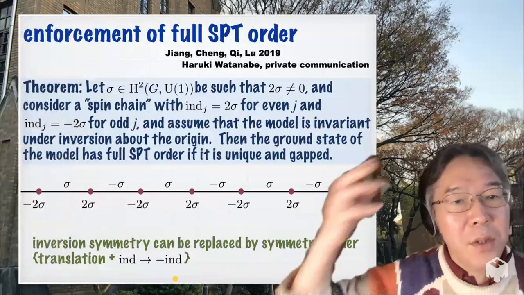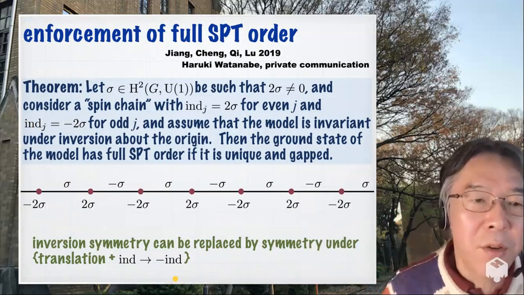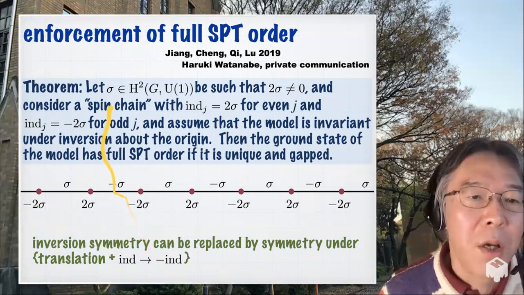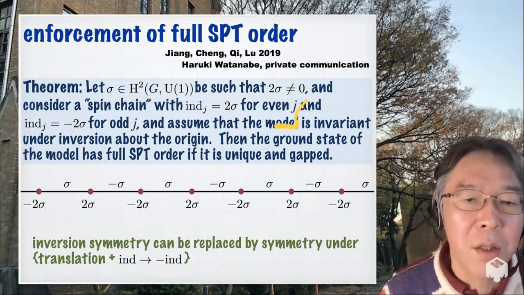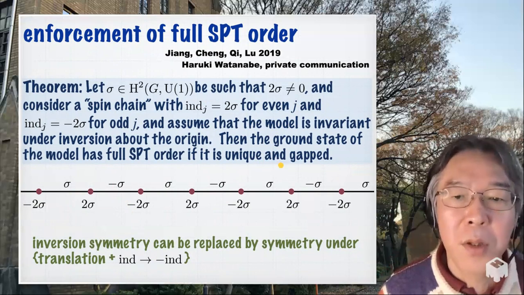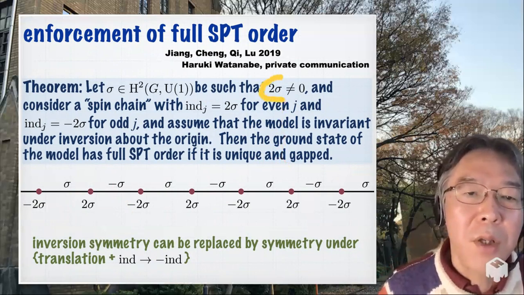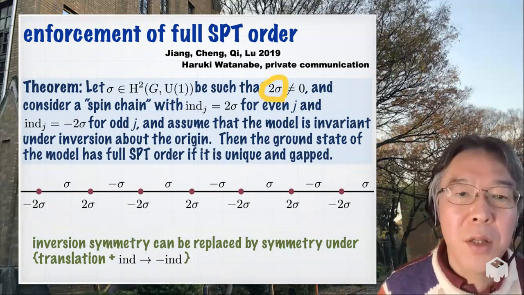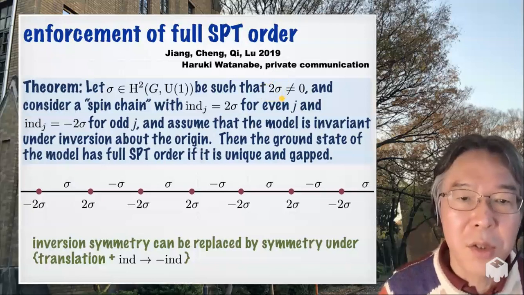And this is not very exciting, but of course you can generalize this observation. So let sigma be such that 2 sigma is non-zero, and then we can derive the same theorem for enforcement of full SPT order. So here, what is essential is that we need an even element in the second group cohomology which is non-zero.